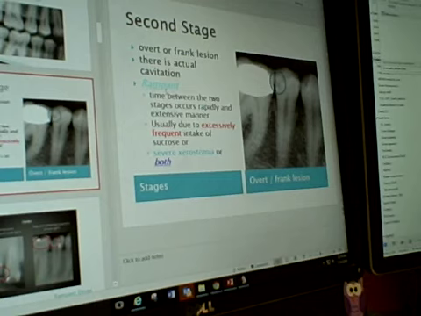Same thing with constant exposure to sugar. We've talked about this before, but when you take in a drink of pop, the pH in your mouth drops. Depending on the type of sugar, for pop, say 20 minutes, the pH in your mouth is lower. It's more acidic, weakening the tooth structure.